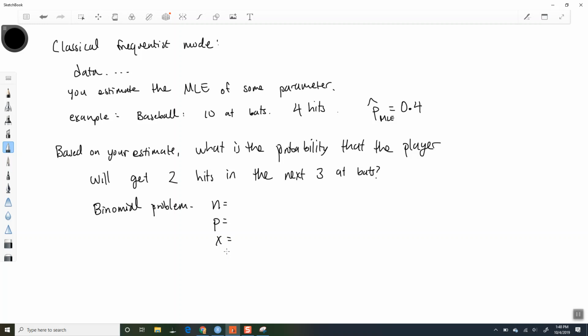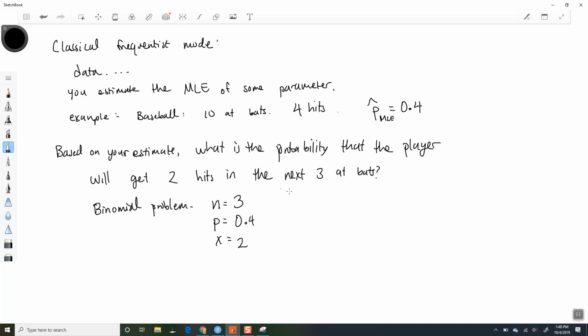What's the probability we get 2 hits out of the next 3 at-bats? So my number of trials is 3, my X is 2, and what's the P?